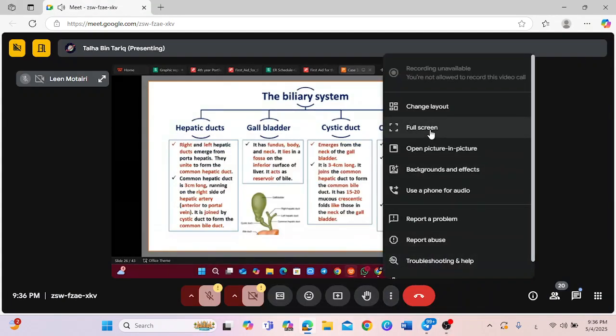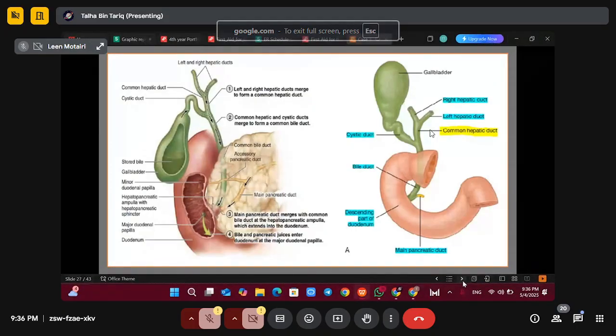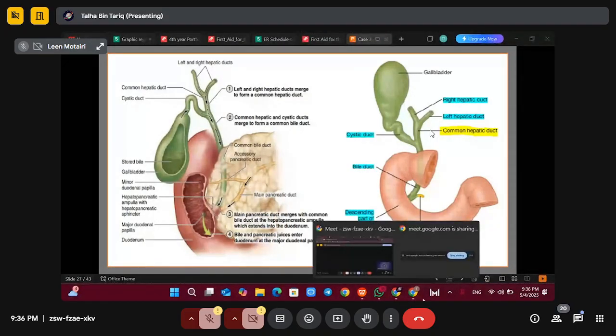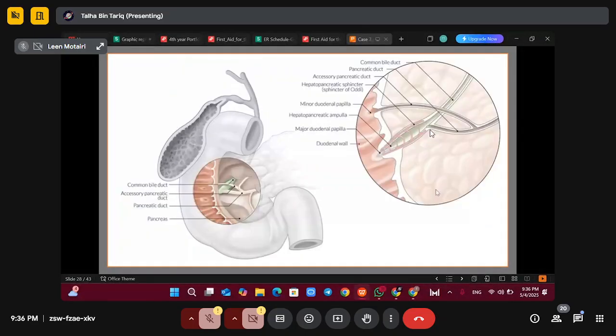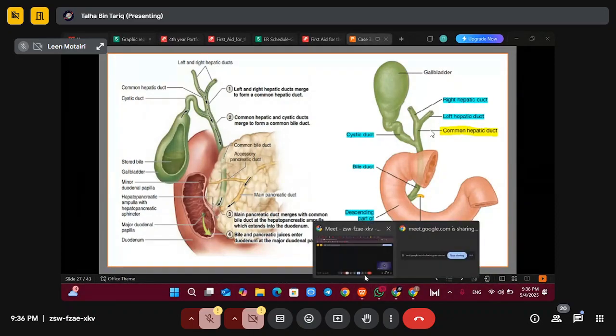Then we have the common bile duct, which I will show you in the next picture. So over here, you guys can see the cystic duct, the right hepatic duct, the left hepatic duct, the common hepatic duct, and then the common bile duct, which is formed by joining all of these together.